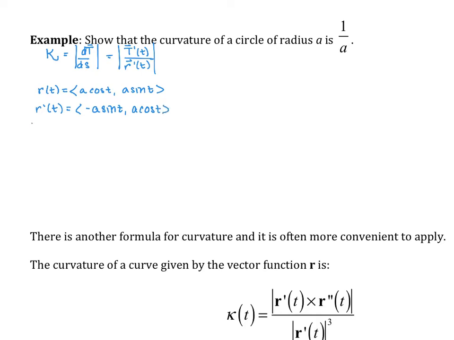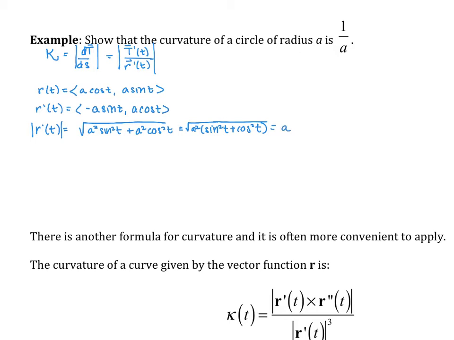And then if I do the magnitude of that, because I'm going to need that for my formula, we're going to get the square root of a squared sine squared t plus a squared cosine squared t, which equals the square root of, let's pull out that a squared, and we get sine squared t plus cosine squared t, which is just 1. So really we get the square root of a squared, which is just a.